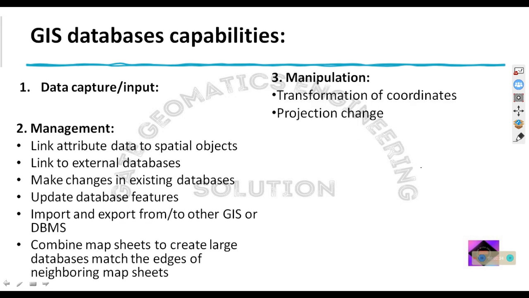So another one is manipulation, that is transformation of coordinates, that is the georeferencing, and changing the projection to combine the map sheets. So both are interrelated, the management and manipulation.